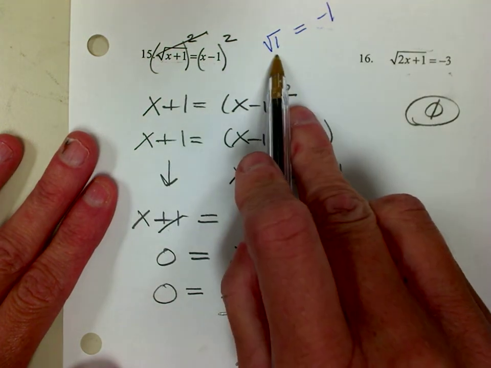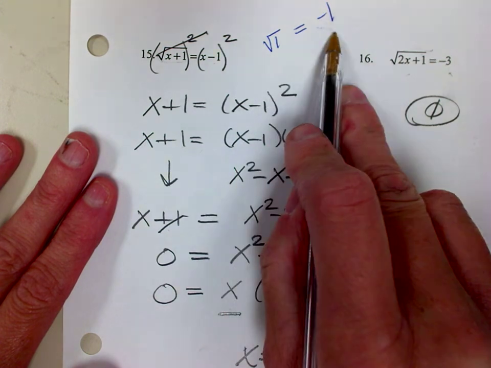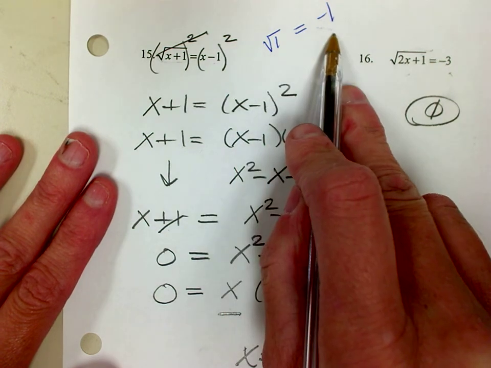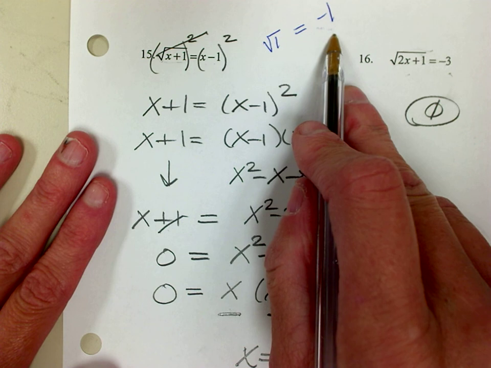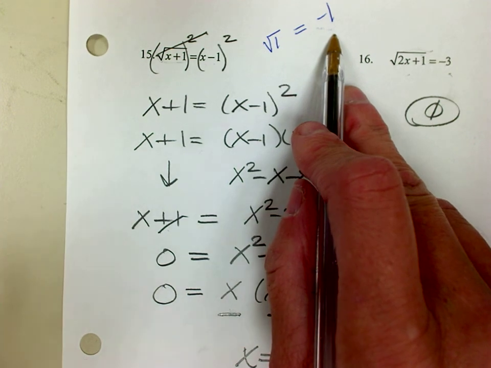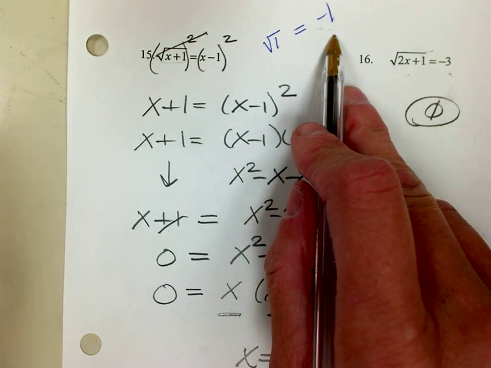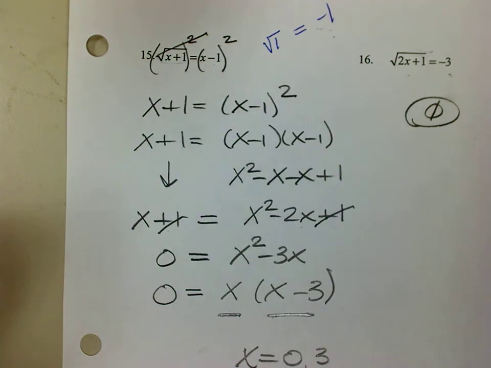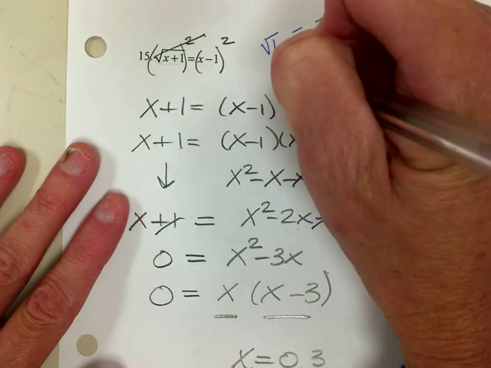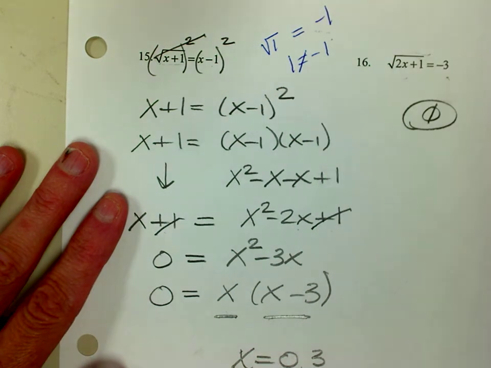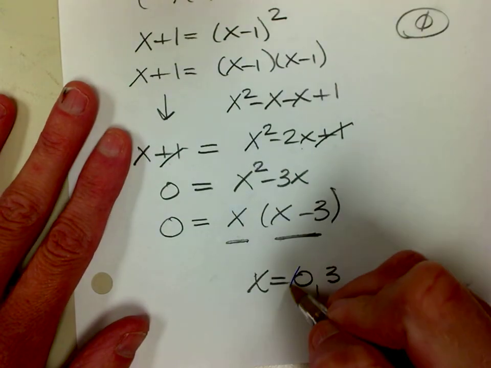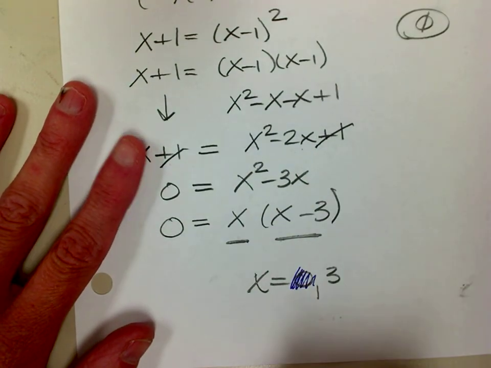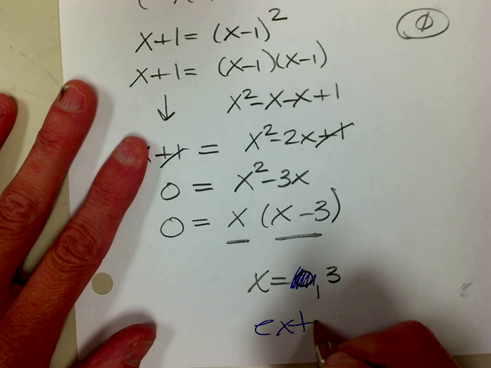The square root of 1 is not negative 1, because I'm looking for the principal solution. The principal solution is the first answer you should get. If I take the square root of 1, technically I do get positive and negative 1, but I'm looking for the principal solution. So this is a false statement. So 0 is actually not a solution. That is called extraneous.